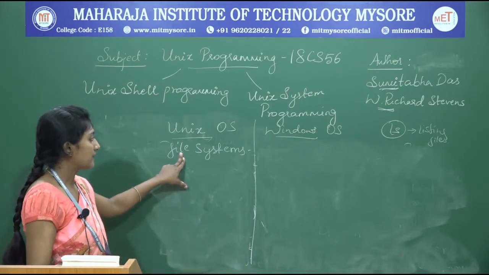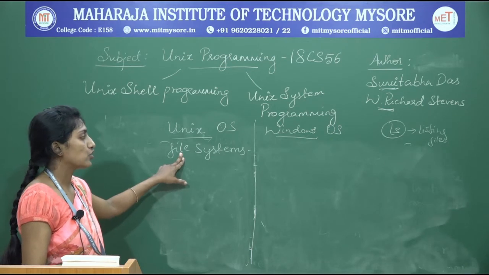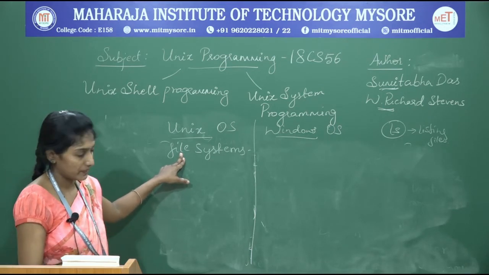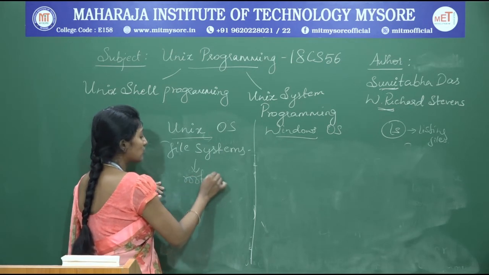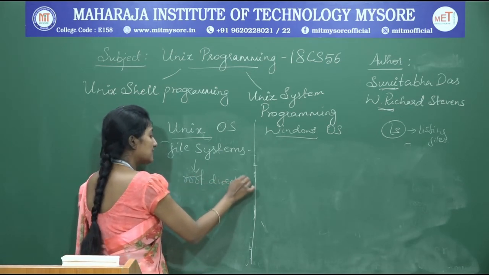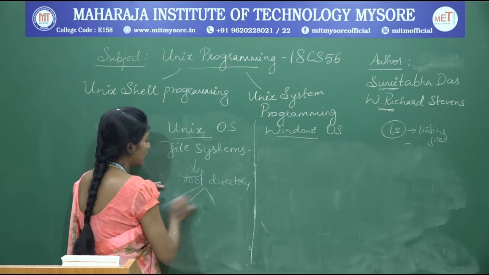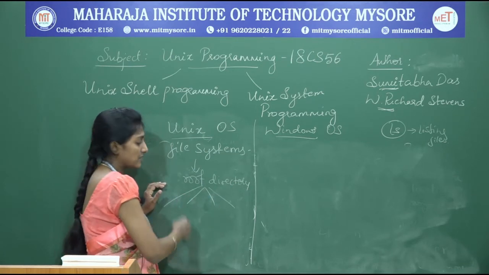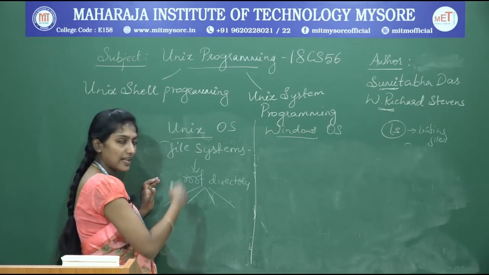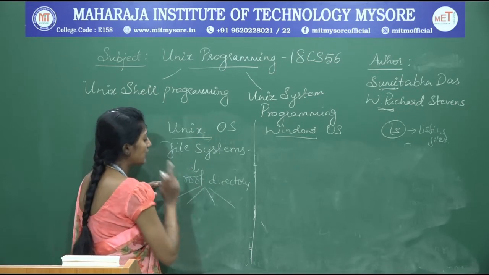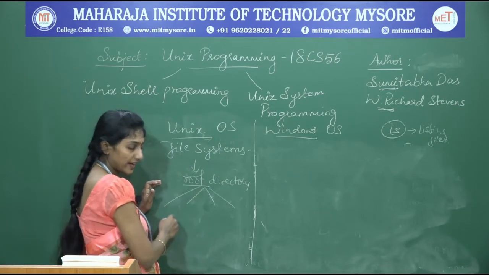Okay. So, in the file system organization, if I consider the Unix operating system compared with the Windows operating system, here I have only one directory, called the root directory. Under this itself, all the files are organized in a hierarchical manner. For example, in a hierarchical manner I always have only one directory, that is the root directory.